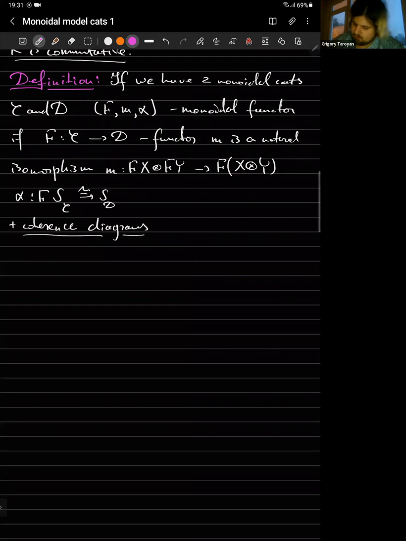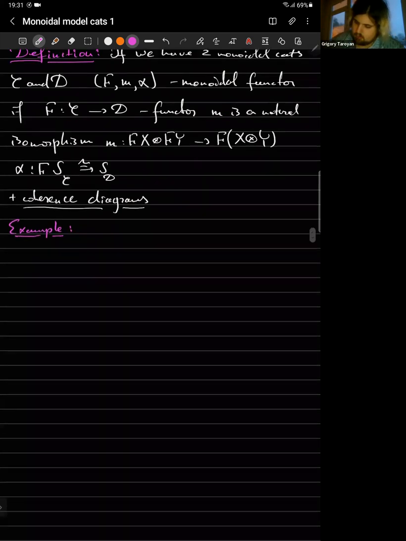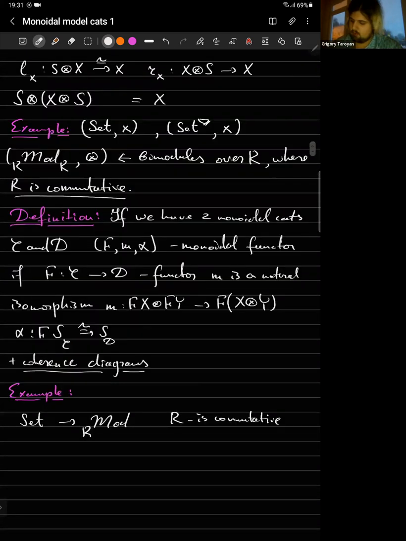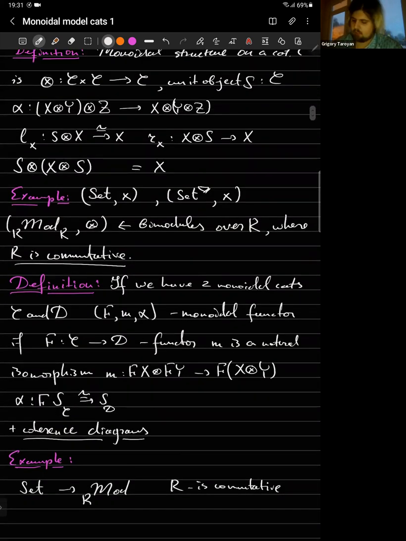So let me give another example. Assume that we have a category of sets, and we go to R modules, where R is commutative. I'm sorry, above, I must have made a mistake because here R is not necessarily commutative.